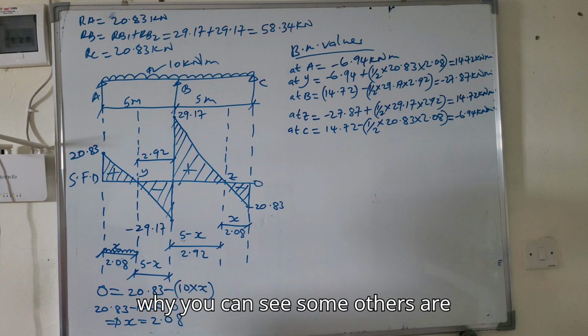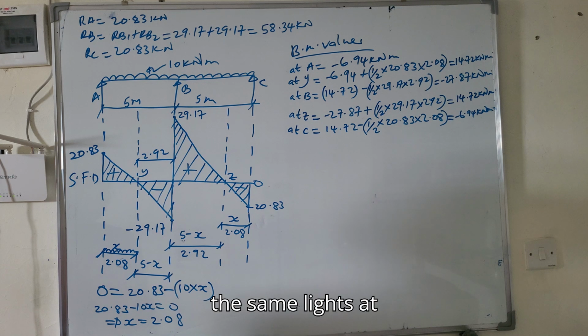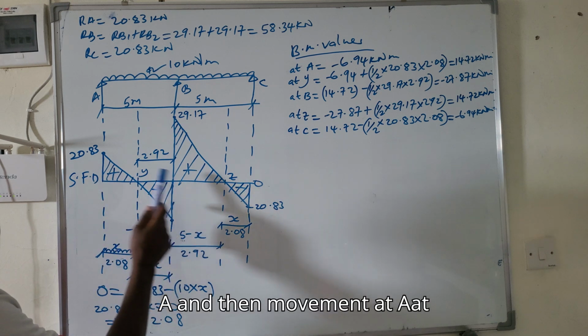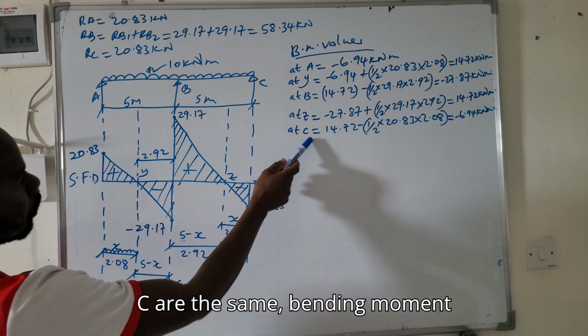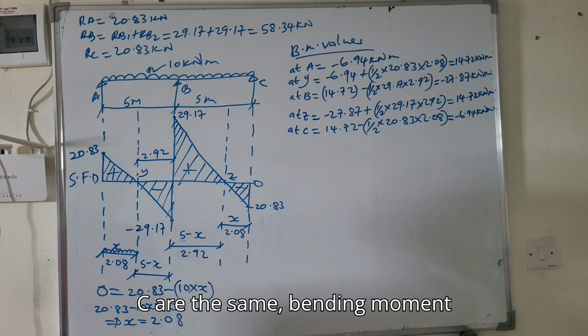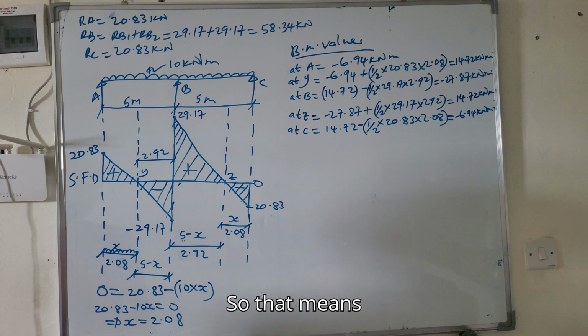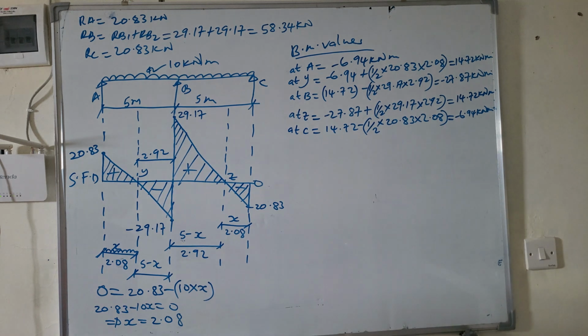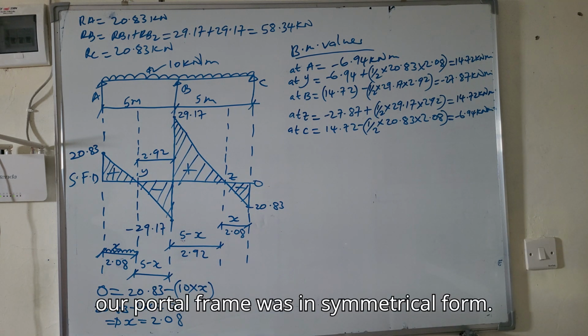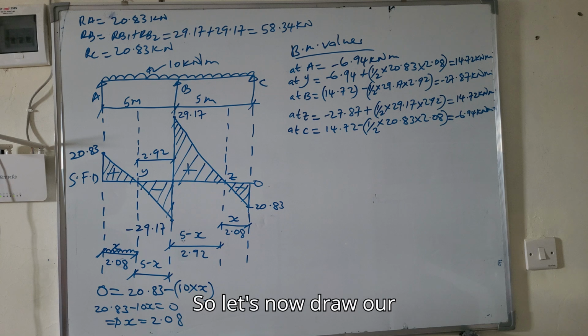So our portal frame was symmetrical. That's why you can see some answers are the same, like bending moment at A and at C are the same. Bending moment at Z and Y are the same. So that means our portal frame was in symmetrical form. So let's now draw our bending moment diagram.